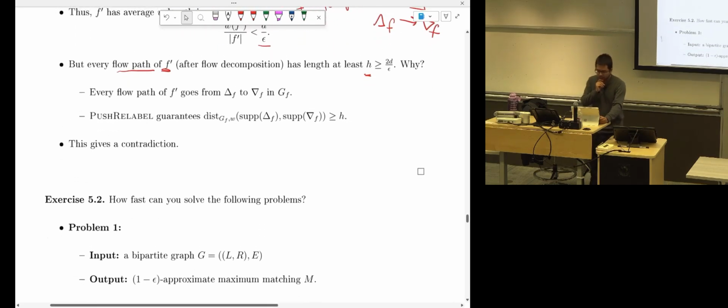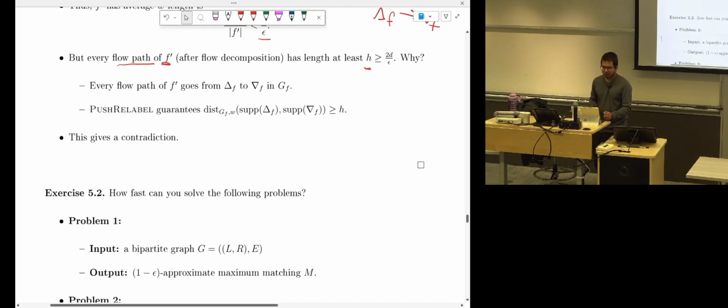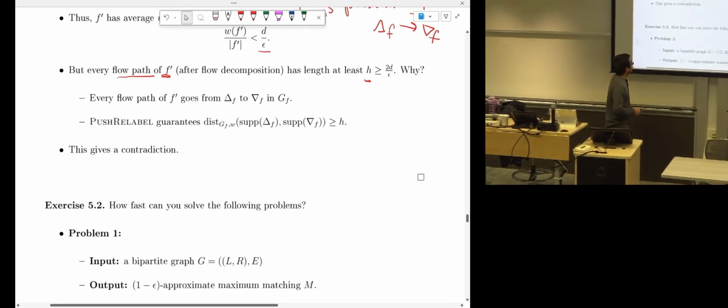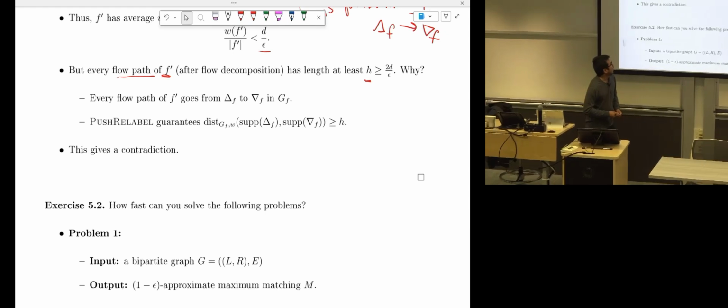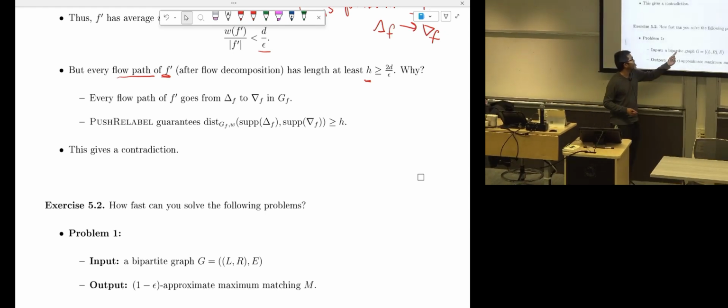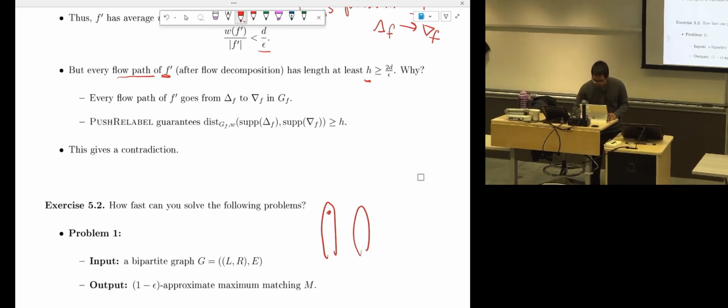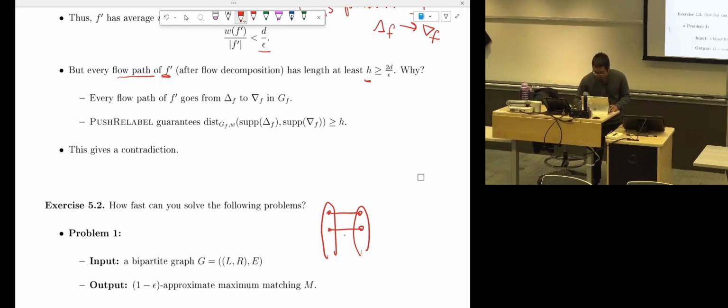So now you see what we get. What if I want to solve bipartite matching? How fast can we solve this now? Let me recall bipartite matching. It's maybe this graph, right?